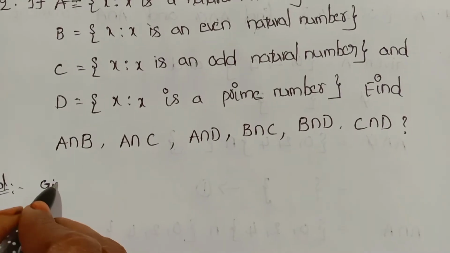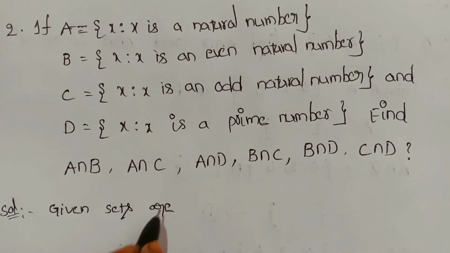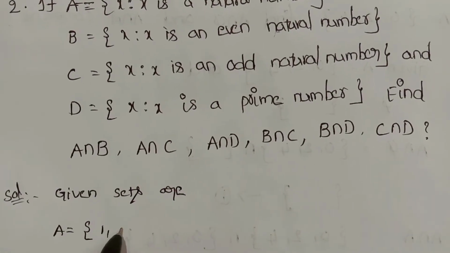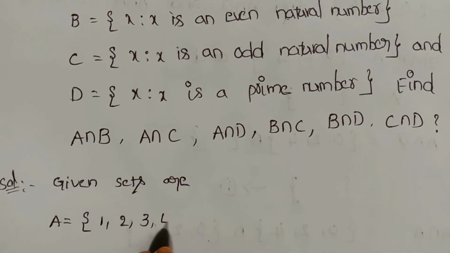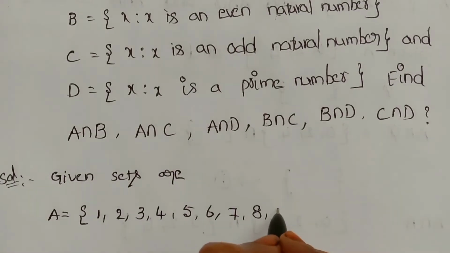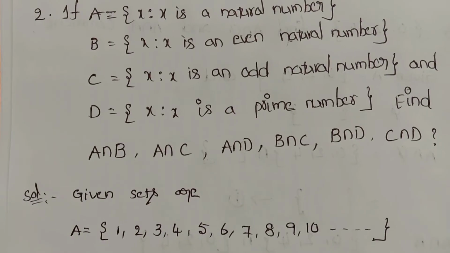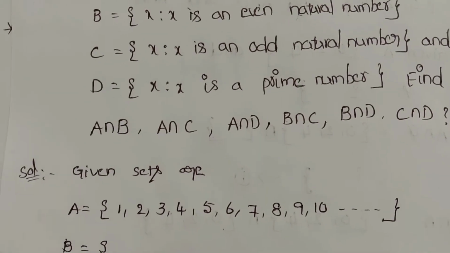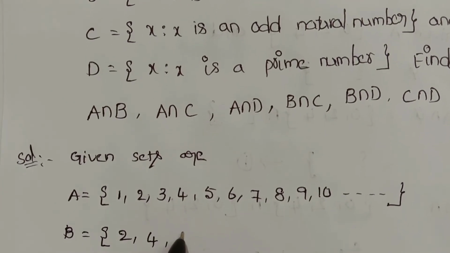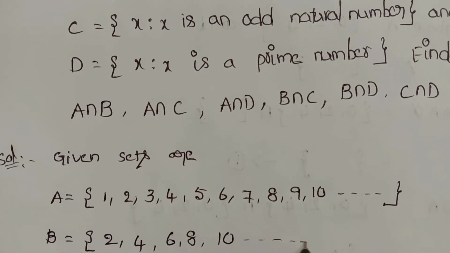Given sets: A = {x : x is a natural number}, that means 1, 2, 3, 4, 5, 6, 7, 8, 9, 10 and so on. B = {x : x is an even natural number}: 2, 4, 6, 8, 10 and so on.